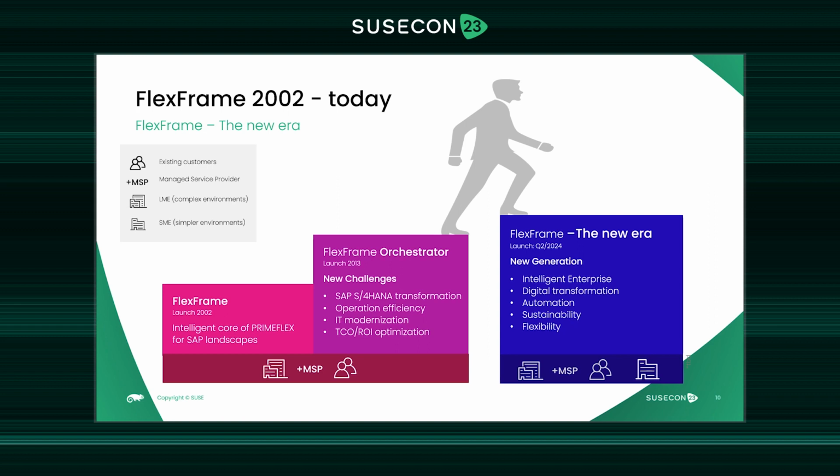That means professional support and maintenance was added, and the product was maintained and grew in functionality. So more and more customers got on board, and so the product evolved until the first major change happened in 2013. FlexFrame Orchestrator was launched.